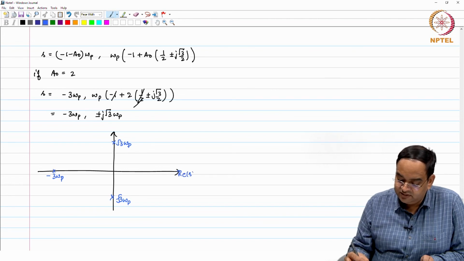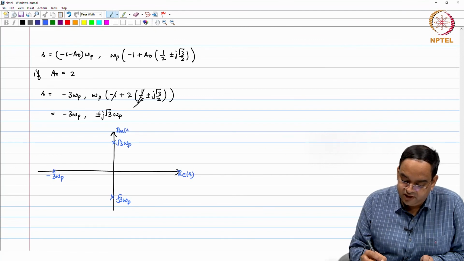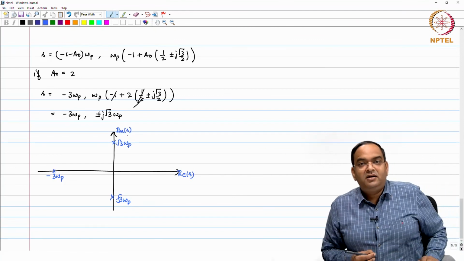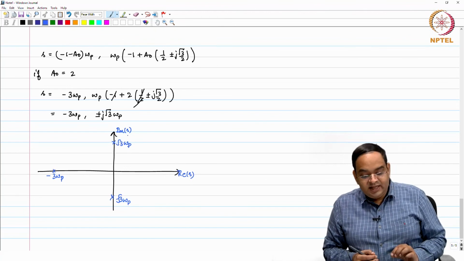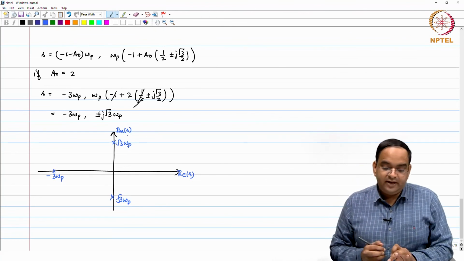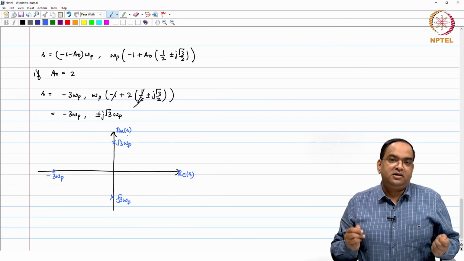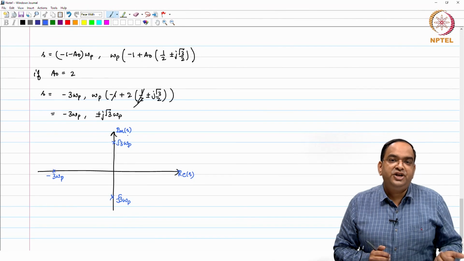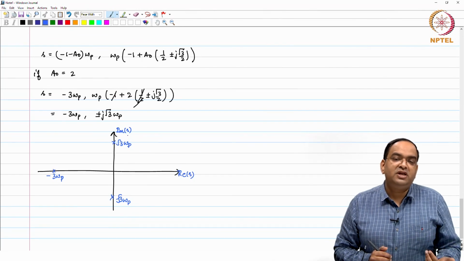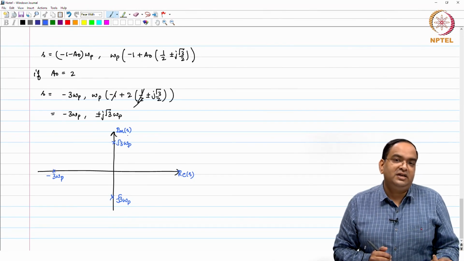This is real of S, this is imaginary of S. So, now you can understand that if I choose A naught equal to 2, then at frequency root 3 times omega p, you have poles on the j omega axis, which will give you sustained oscillations.